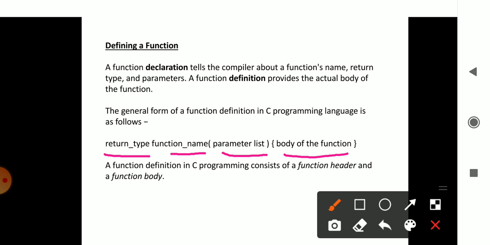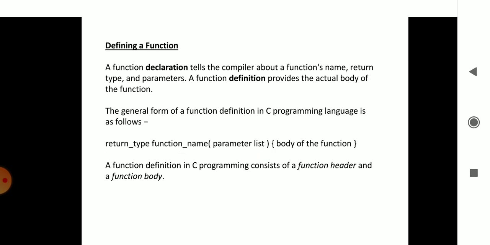And the body of the function contains all the local variables that are to be declared and used within the function, the function statements that perform the task of the function, and the return statement. If it returns any value, we must specify the return statement, or otherwise we can simply state it as a void type. So, this is the definition of a function.